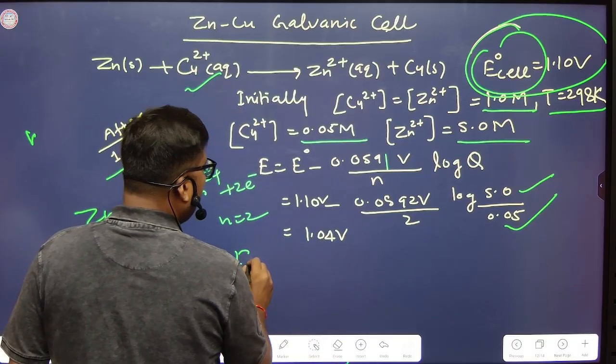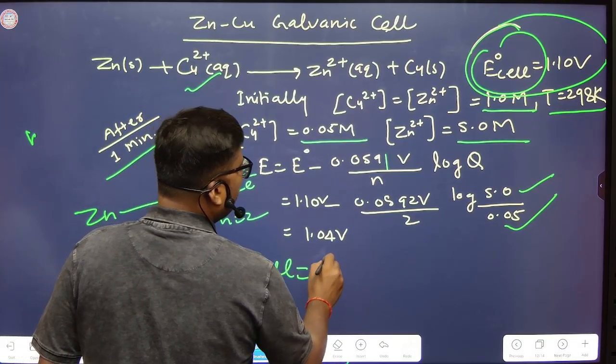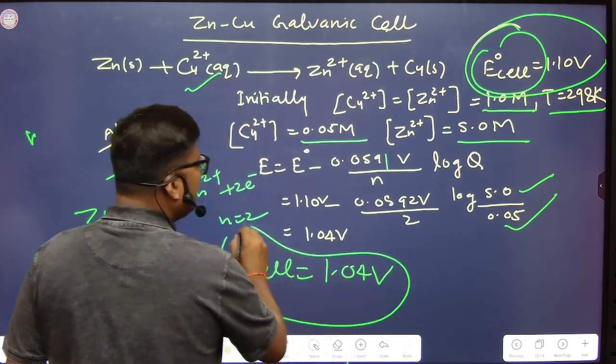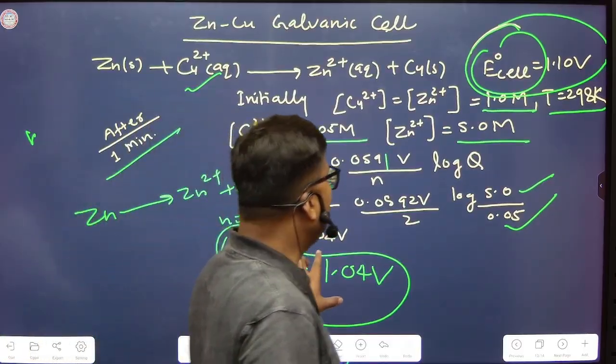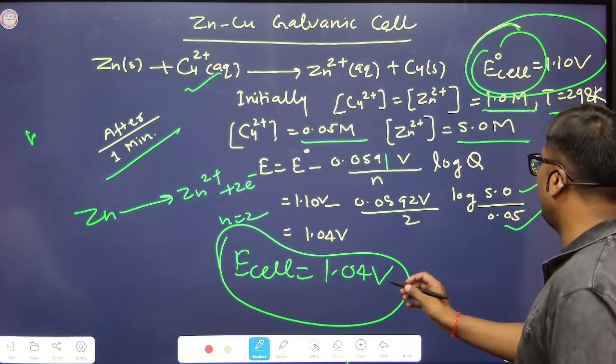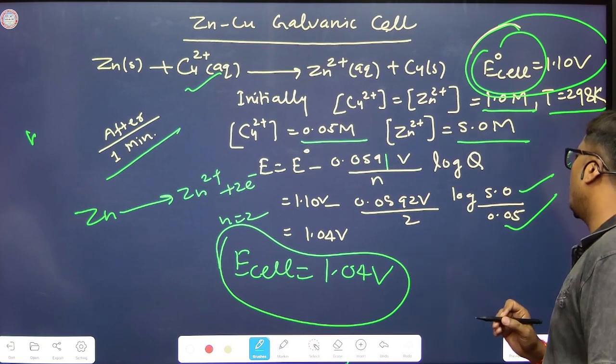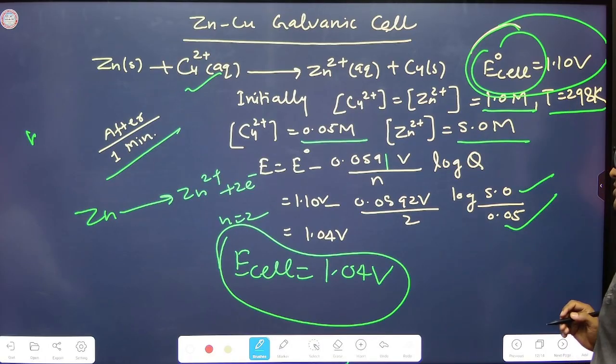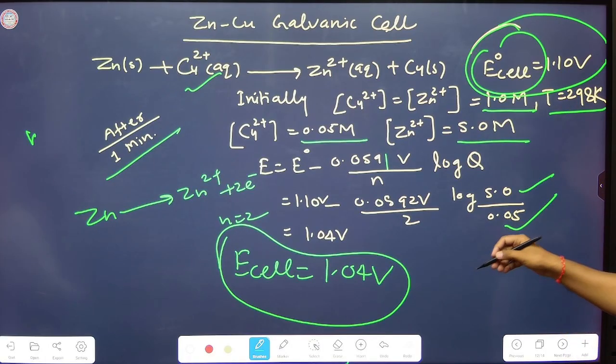We get E cell equal to 1.04 volt. So the cell potential is a positive quantity here also, 1.04 volt, but initially it was 1.10 volt. So the potential is decreasing.